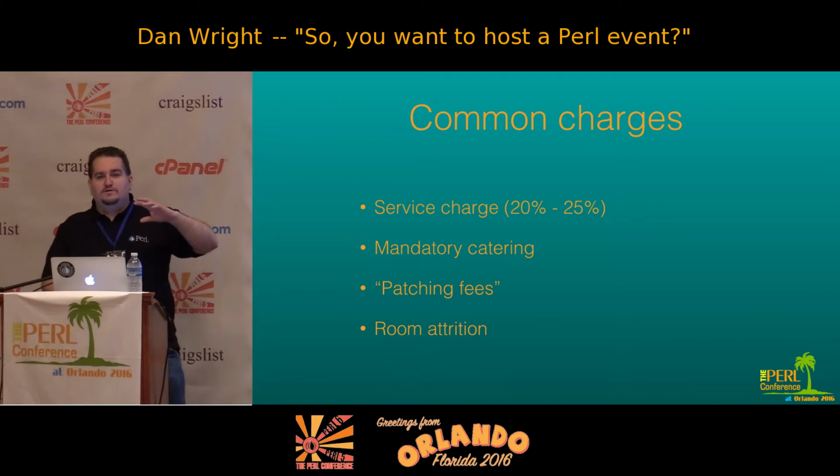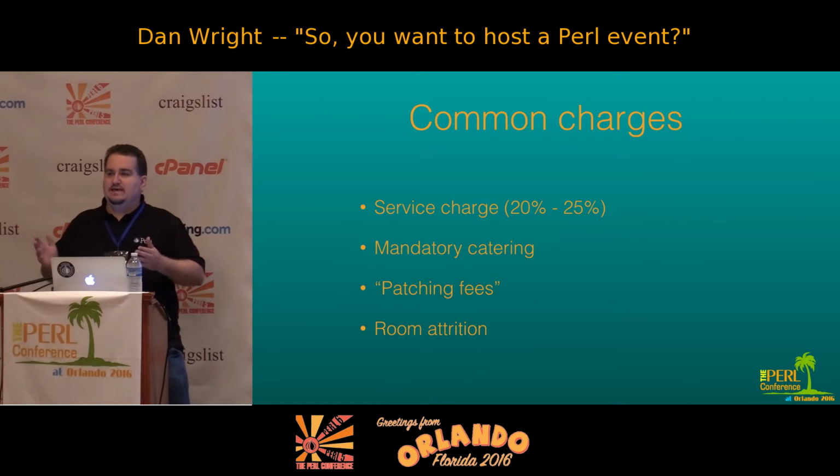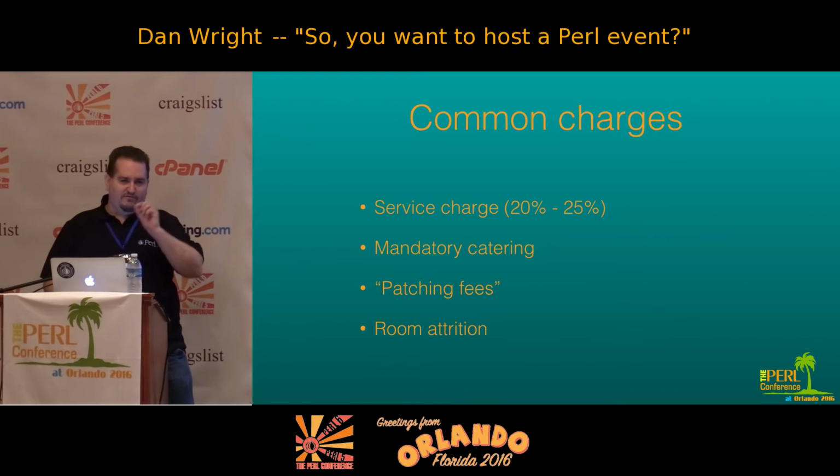The BEO stands for Banquet Event Order, and it is a written, detailed specification of exactly what's going to happen during your event and exactly how much every single item is going to cost. The BEO for this event that you're at right now was 17 pages long, and it lists line by line, and you have to read every line and check off every item.